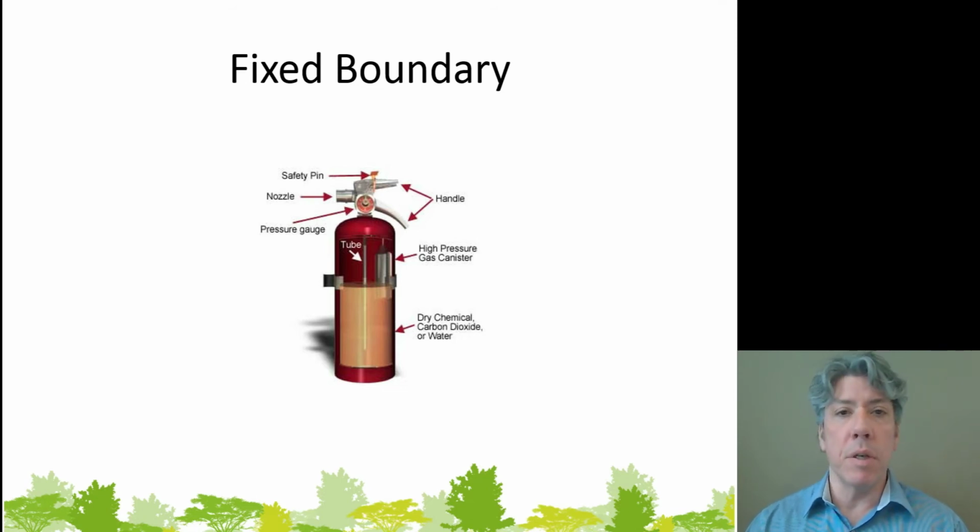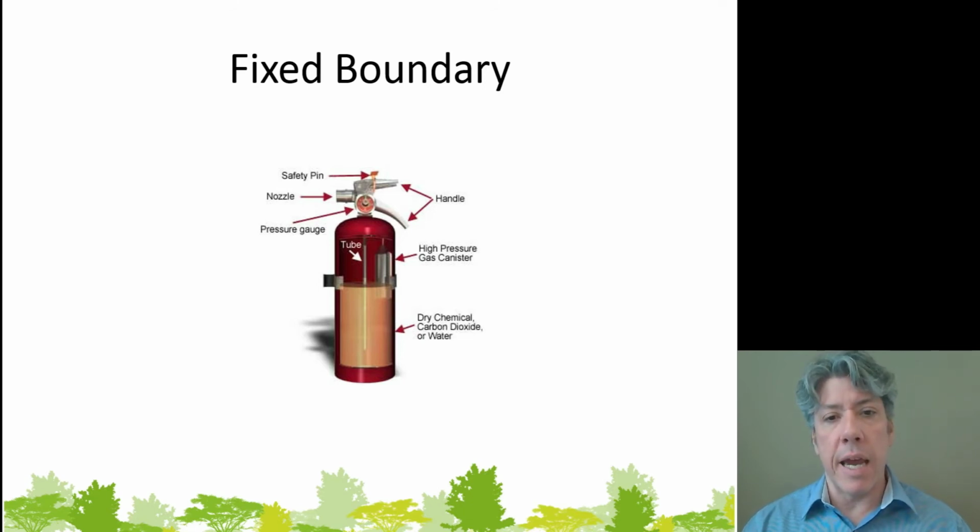Maybe it would be better to consider just the gases inside the high pressure gas canister, maybe the volume above the fire extinguishing material would be what we'd want to take as the system. But a simple fixed boundary would be just everything inside of that container.